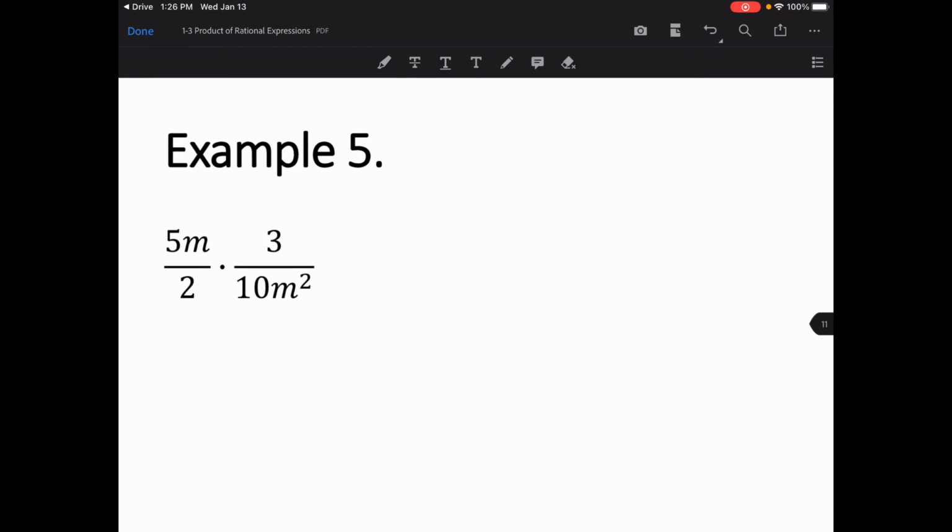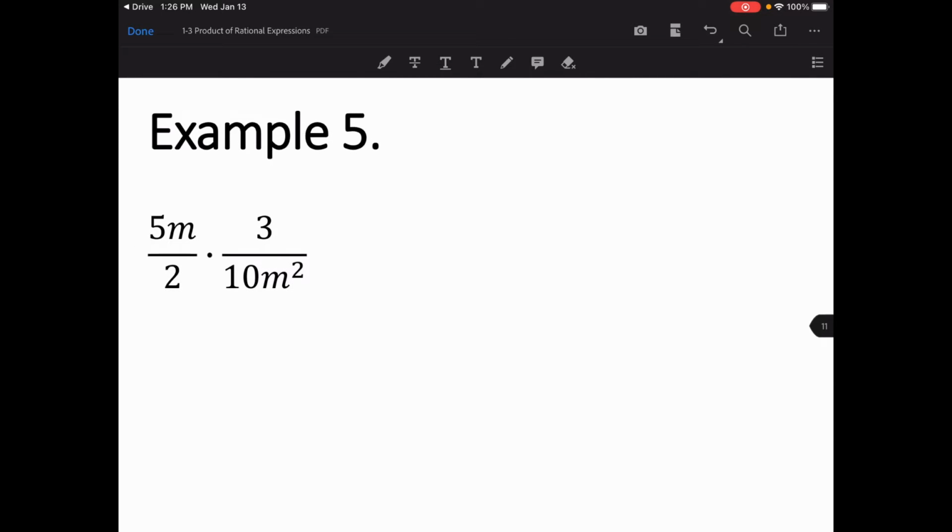Alright, example 5. I have 5m over 2 times 3 over 10m squared. Again, we're going to multiply across. So 5m times 3, when multiplying this, you multiply your numbers together. 5 times 3 is 15. I only have one m, so m times 1 is m.